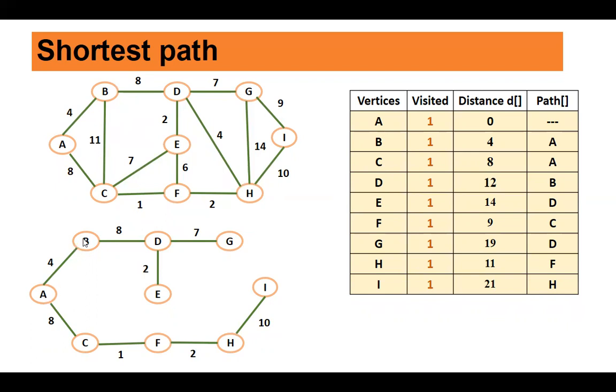From source node A, you can reach I via C, F, H and I. You can also reach E via A, B, D and E. You can also reach G. So from this source vertex, you can visit all the vertices with minimum distance, or you can say shortest path. Fine.